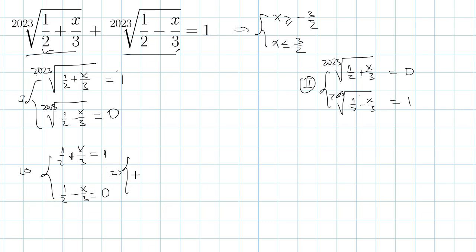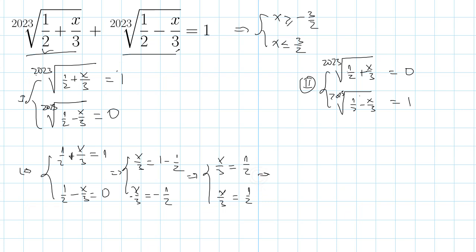So it follows that x over 3 equals 1 minus 1 half, and my x over 3 here is going to be negative half. So it follows that I'm going to have x over 3 equals 1/2. And here I'm going to multiply both sides by -1. So I'm gonna have x over 3 equals a positive half.